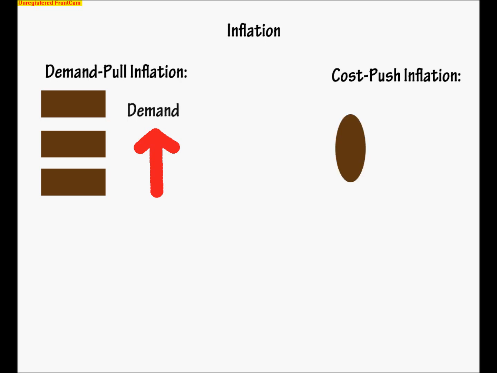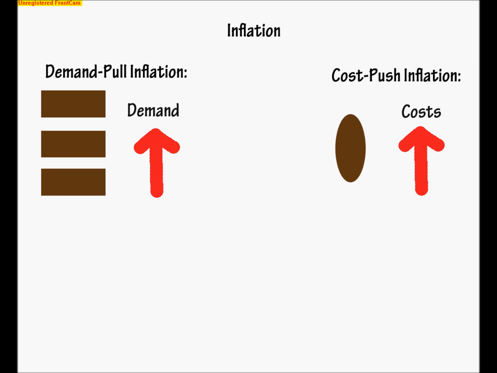In contrast, cost push inflation is when the cost of those products, for example the cocoa bean, one of the products that goes into a chocolate bar, increases, and so the price of the goods also increases.